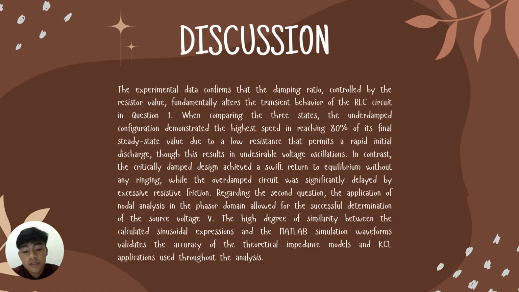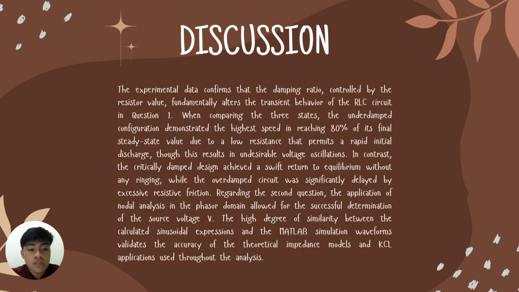For the discussion of this project, the experimental data confirms that the damping ratio, controlled by the resistor value, fundamentally alters the transient behavior of the RLC circuit in question 1. Comparing the three states, the underdamped configuration is fastest in reaching 80% of its final steady-state value due to a low resistance that permits a rapid initial discharge.